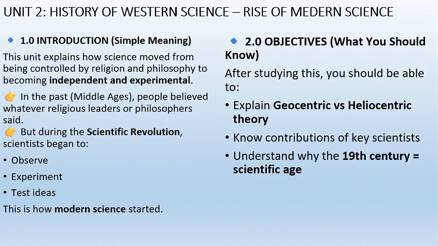Another one is to know the contributions of key scientists. You must also be able to understand why the 19th century equals the scientific age. So these are things you must be able to understand at the end of this class.